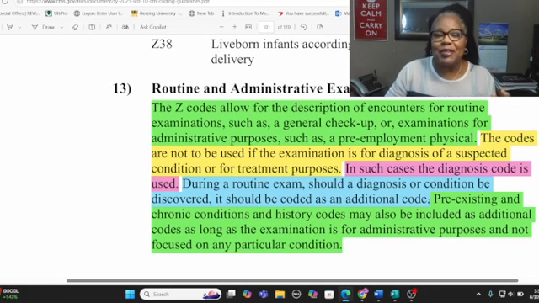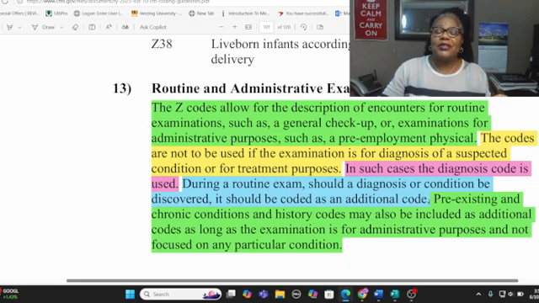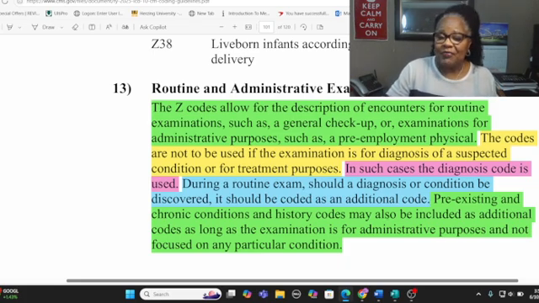I hear a lot of people say their blood pressure was too high, so their hypertension, we have to capture that. Now, pre-existing and chronic conditions and history codes may also be included as additional codes as long as the examination is for administrative purposes and not focused on any particular condition.